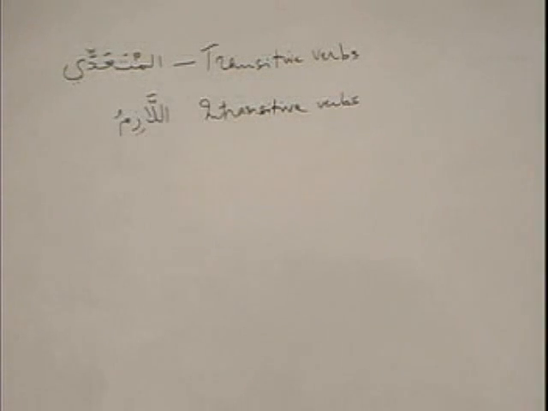Transitive verbs means that there is the action of the verb, and there is a doer of the action. The action is transferred to something else. The fa'il is the doer of the action, and then there is something which receives the action.